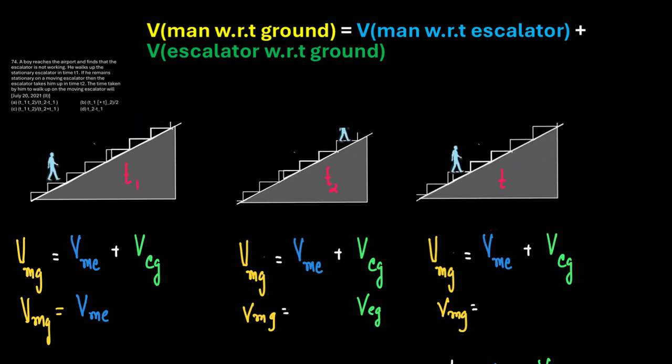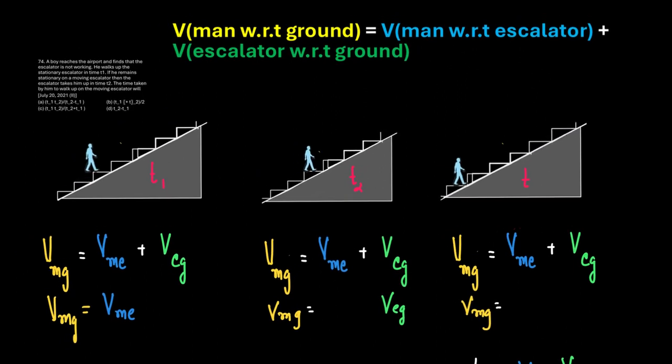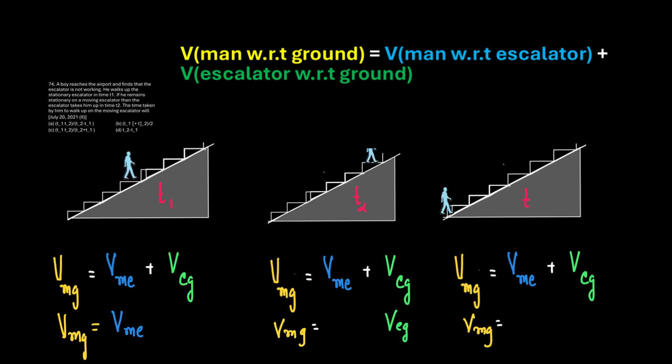But in the third case, none of them is 0. And velocity of man with respect to ground is actually the sum of velocity of man with respect to escalator and velocity of escalator with respect to ground. Now we have the corresponding times, which are Vmg at T1, Vmg at T2, and Vmg at T, corresponding to case 1, case 2, and case 3.